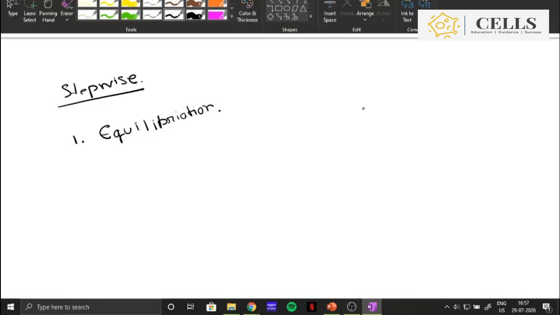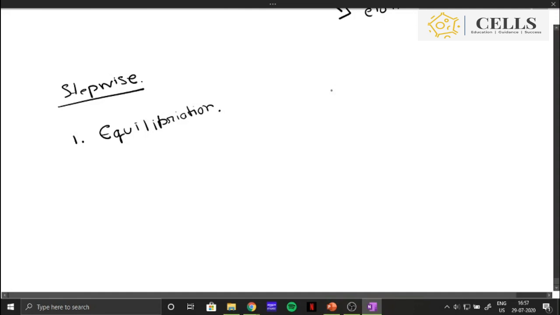Everything is based on affinity only. Suppose you have beads, and you have R resin which is attached to a negatively charged ion. This is the bead.